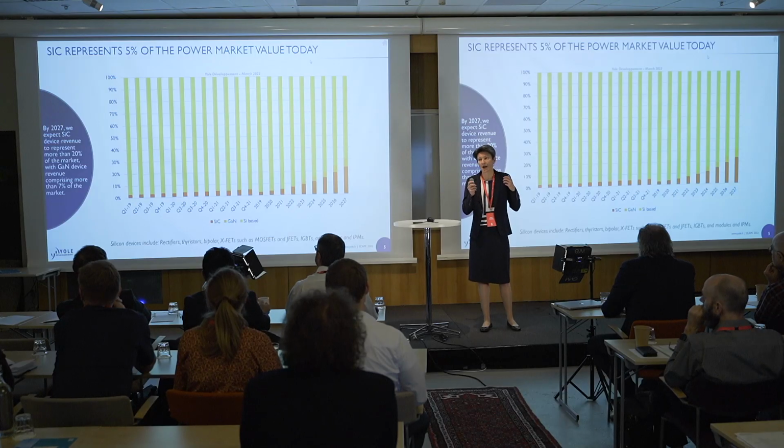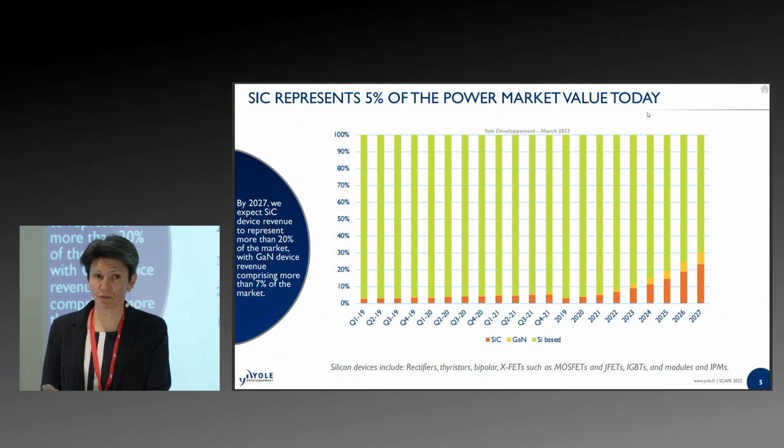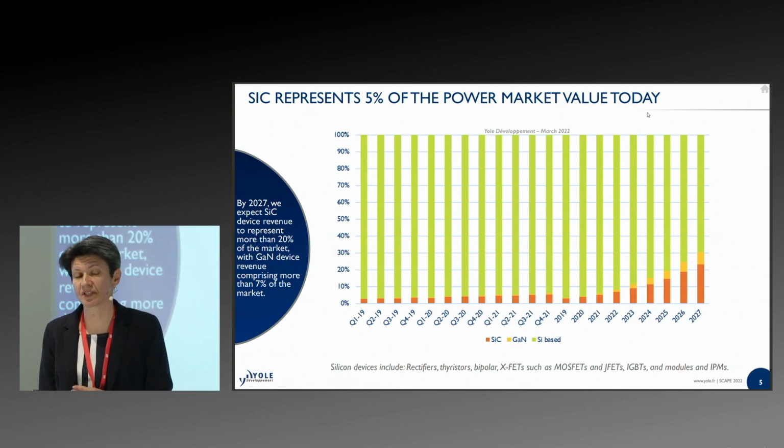Okay, the idea, of course, is to cover these power SiC, power GaN markets. One of the exercises that we're doing at YOL, where we do this market research, is to build some models, trying to understand how many devices we will need and how much value this will represent.